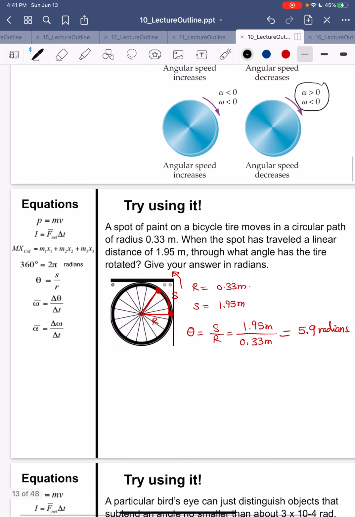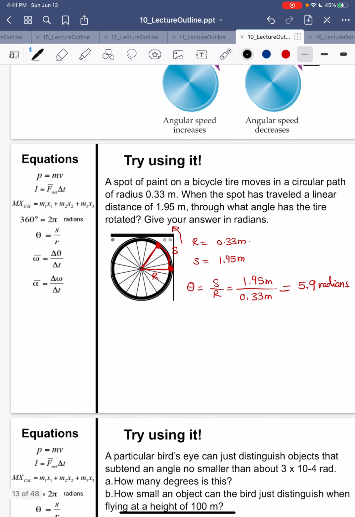Then this is showing us the relation between angular displacement and linear displacement.